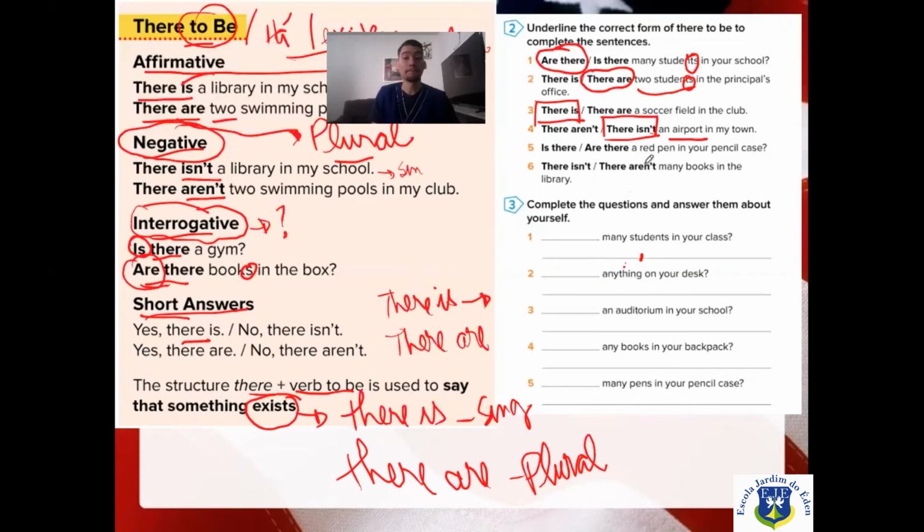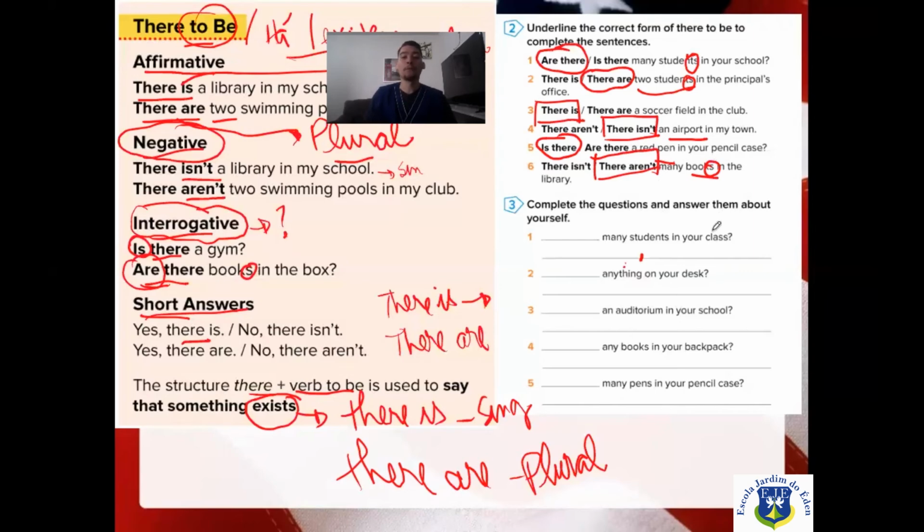Is, in the singular form, pen. So is there a red pen in your pencil case? There isn't or there aren't many books in the library. So this is the plural form. There aren't many books in the library.